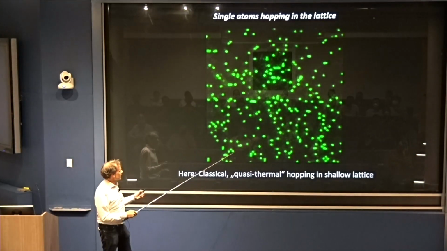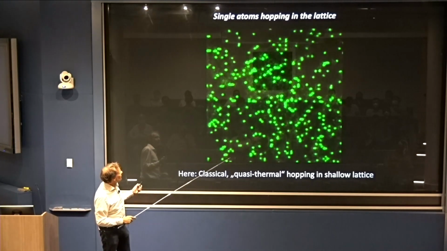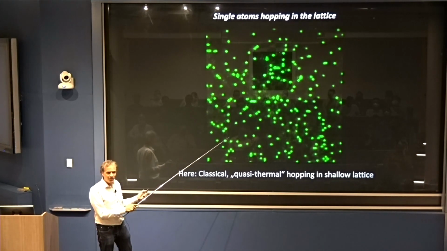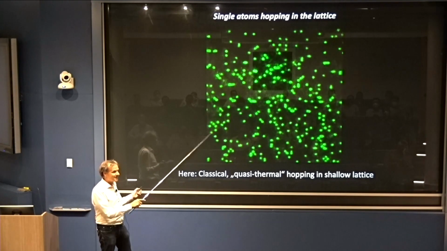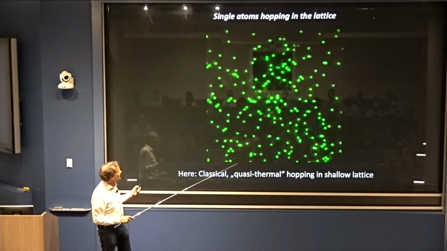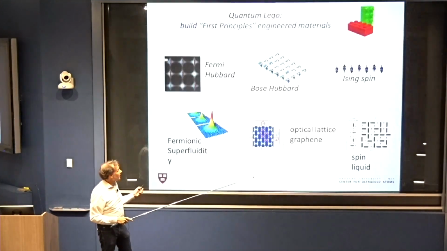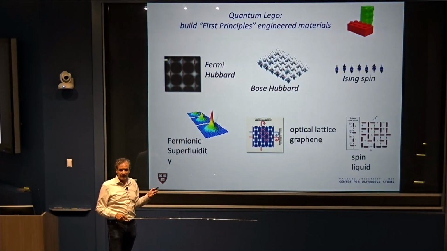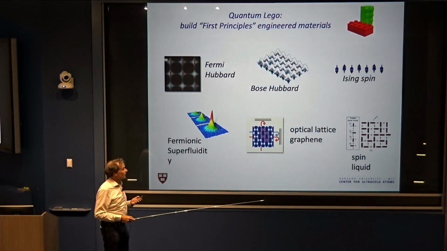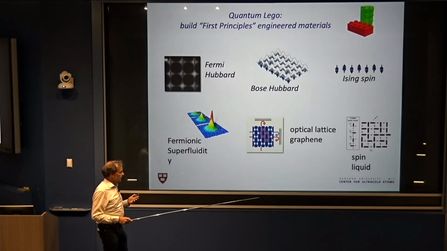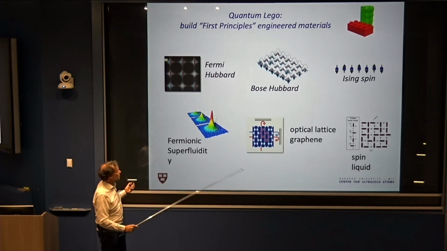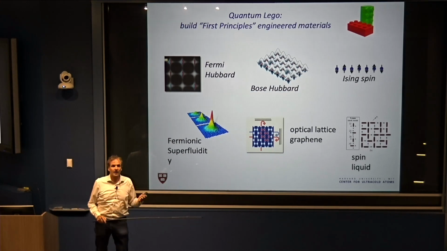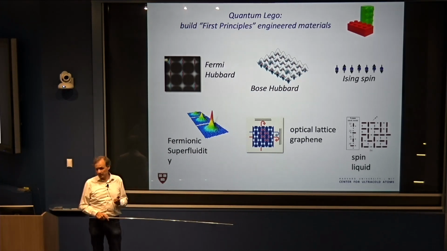We can also take movies of how the particles move, but of course here we're constantly observing them, right? So here they're not delocalized, they just move like classical particles. That's why normally we only take one picture in the end after preparing a state to analyze it. And then we can use those atoms to build all kinds of interesting quantum systems.